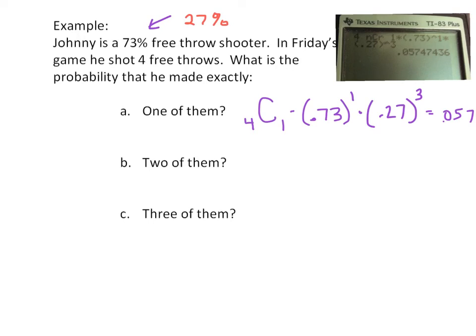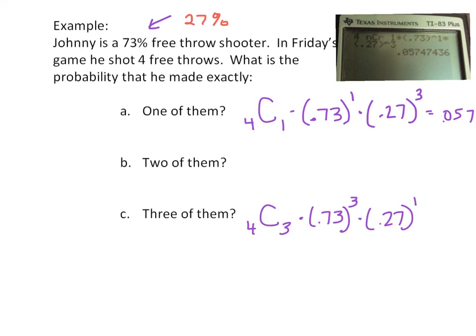So if we want Johnny to make 3 of them, so he's got 4 shots he's going to take, and we want him to make 3 of them, in any order, we don't care what order he makes the 3 out of 4. Times that by, again, the 73% likelihood of him making it, raised to, just checking to see if you could fill that in, the third power, because we wanted to make 3 of them, times 0.27, the probability that he's going to miss, and how many do we want him to miss?